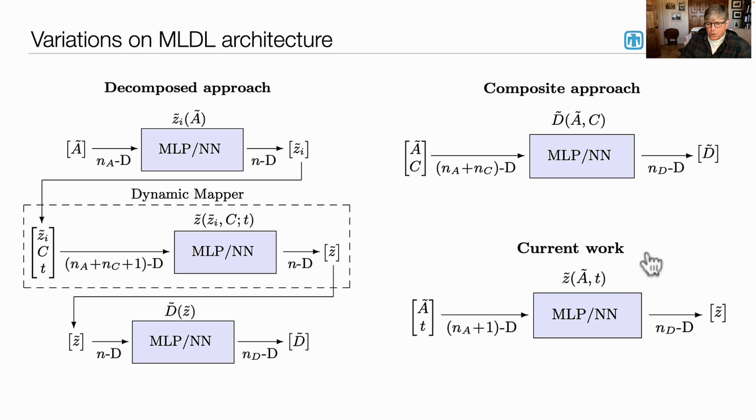And the current work takes the initial conditions and time to the time evolution of the fields. So it's kind of a hybrid, a partial combination of this decomposed approach, of just the first two.